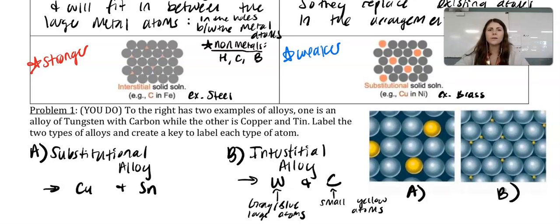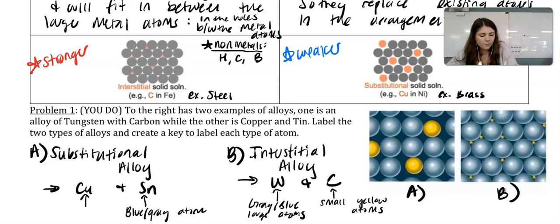So looking at our periodic table and going off what we know about energy levels and the way atomic size decreases left to right, I would say the tin is the blue-gray atom, while the copper will be the yellow atom. They're relatively the same size, but you can see tin is just a little bit bigger, and that's because it's found in energy level 5, while copper is found in energy level 4.